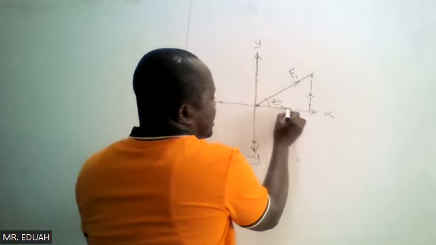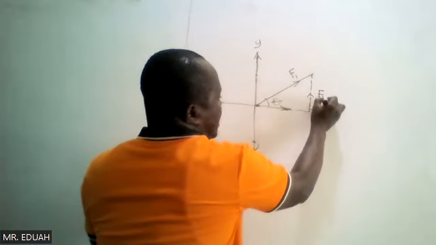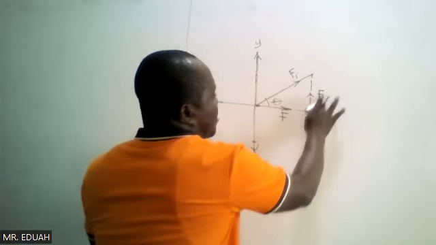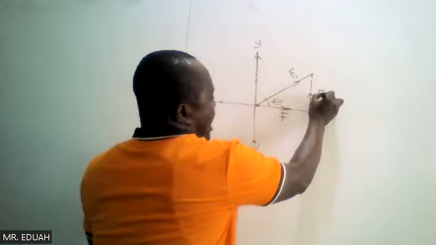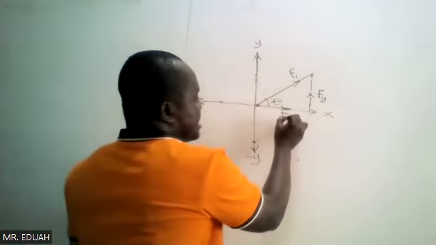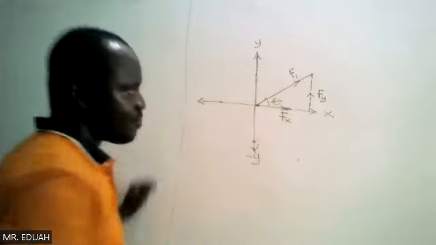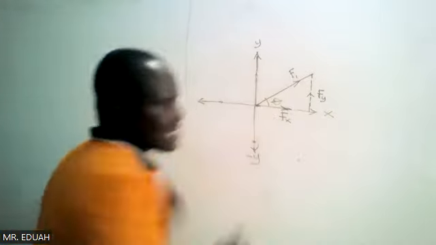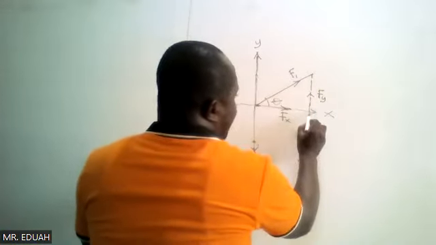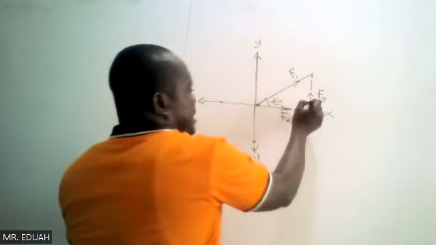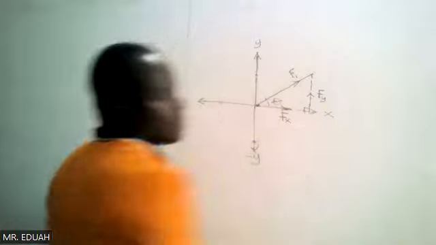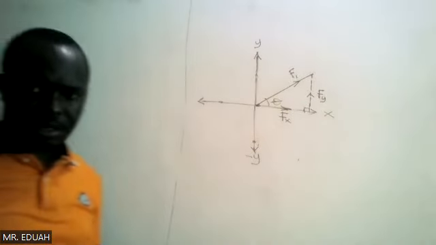The horizontal will be this. So this is F vertical, and this is F horizontal. Instead of V and H, let's use Y, because along Y it is Fy, and this is Fx. The arrows must obey the triangle law of vectors, that this plus this must be equal to that, and the components have to be perpendicular to each other.